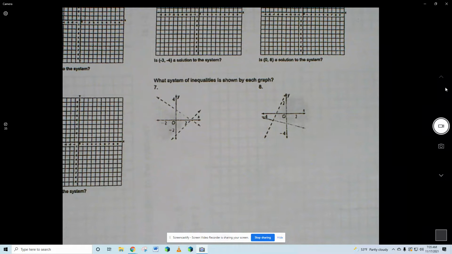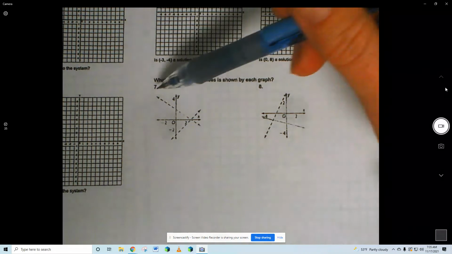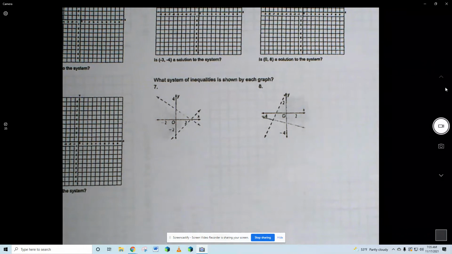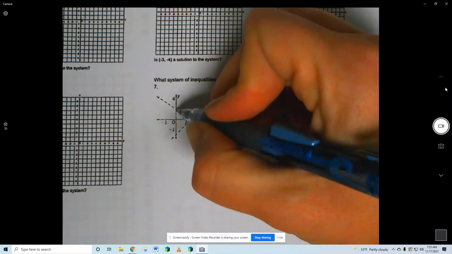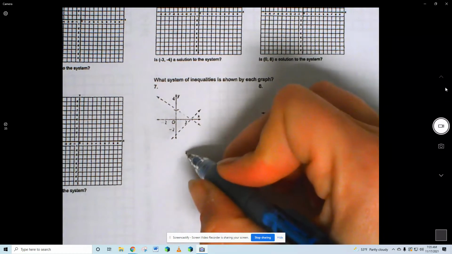So, here we go. I am given two lines and the shading. Let's first do this dotted line first. And yes, I realize it is hard to see. I'm going to say that my y-intercept is at 2.